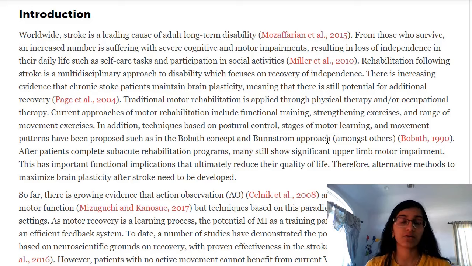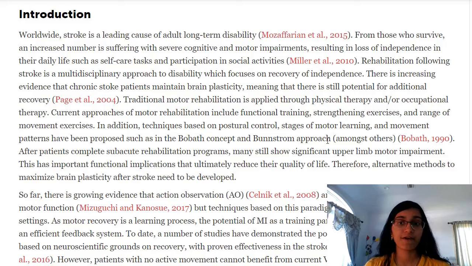So this goes back to what we were saying before. There is some degree of brain plasticity even after a chronic stroke, which does help the patient recover to a certain degree with the help of various rehabilitation treatments.